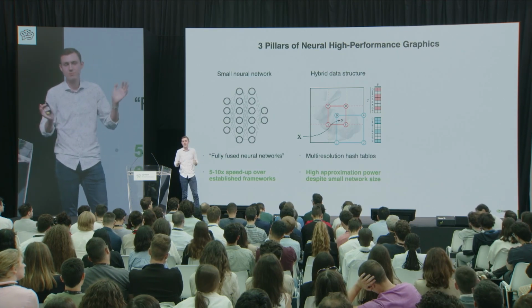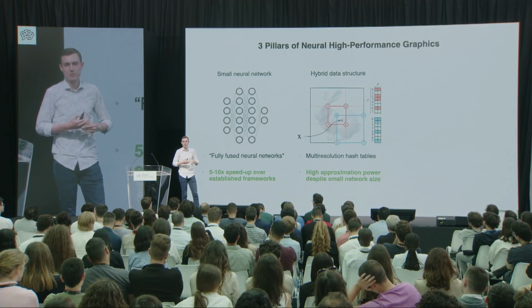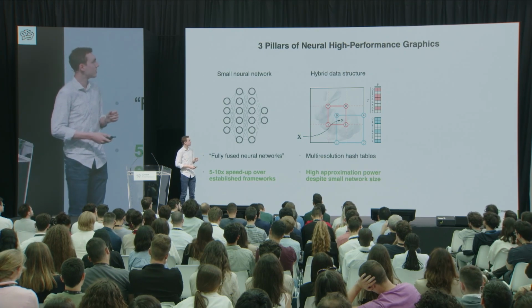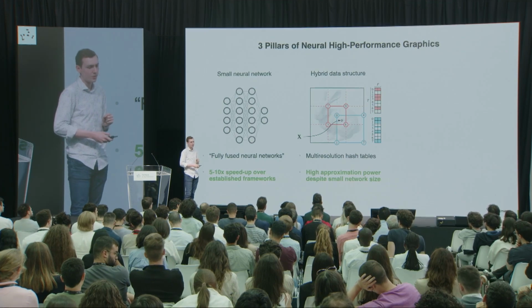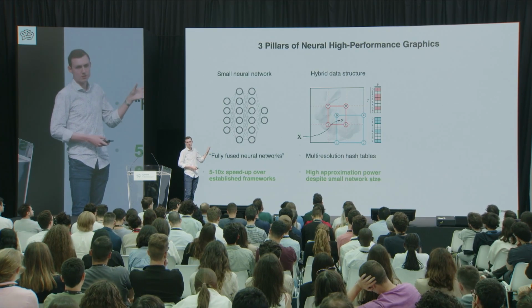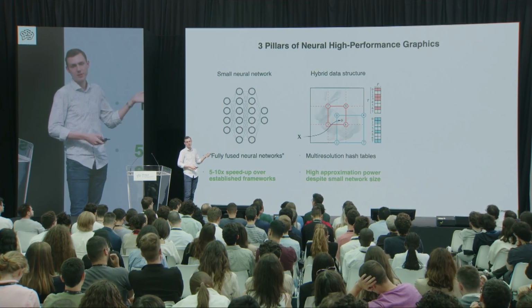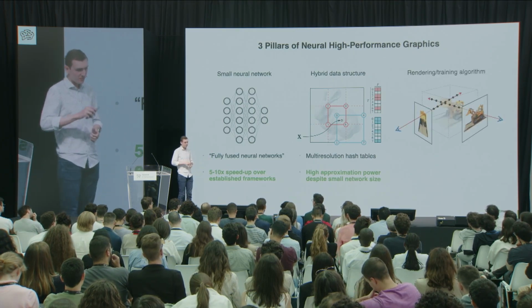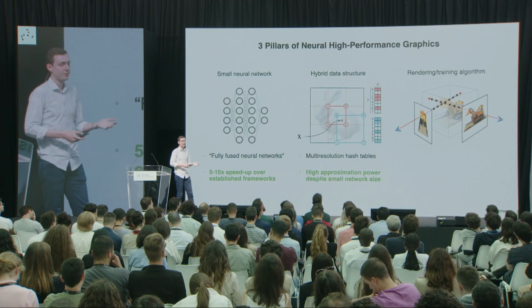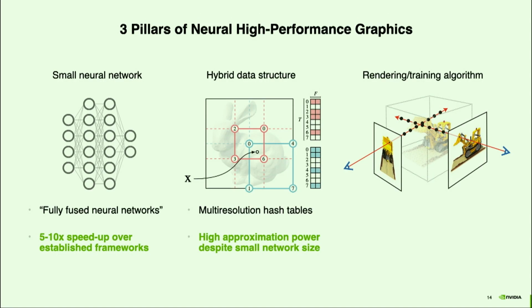You're probably mostly familiar with hash tables as a general data structure, but it turns out to be very useful in spatial computing, and that's what we'll see later in more detail. They're actually also very fitting to modern GPU hardware that you have in your phones by now and in your workstations.